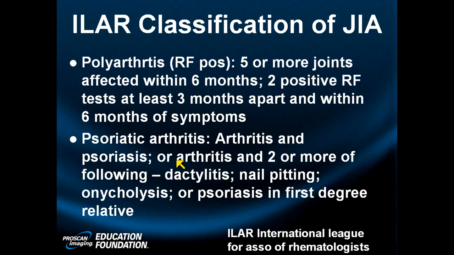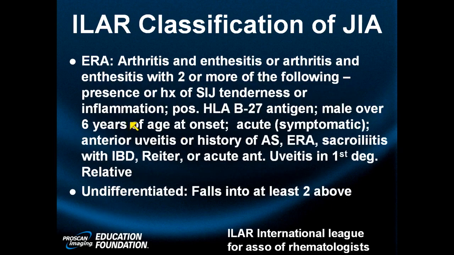And psoriatic arthritis is one of the most variable of all the juvenile arthritides. Unfortunately, one of my partners is afflicted with it, and he is virtually rendered incapacitated. So it can be all the way from very minor dactylitis all the way up to complete systemic involvement. The classic is dactylitis with a swollen finger, nail pitting, onycholysis, and/or psoriasis in a first-degree relative would be considered part of the scale for psoriatic arthritis.